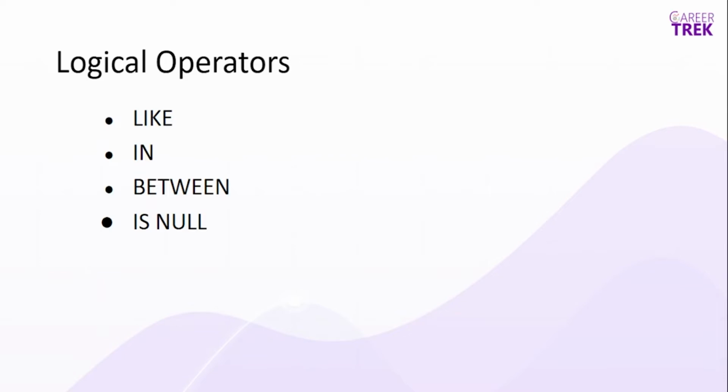Then we have the IN operator, which allows us to specify a list of values which we need to include in our filters. Then we have the BETWEEN operator, which allows us to select only the rows within a certain range. And then we have the IS NULL operator, which allows us to select the rows that contain no data in a given column. Now let us understand them better with the help of examples.